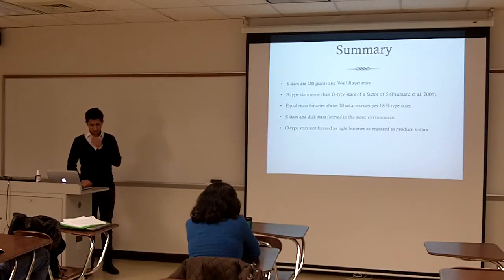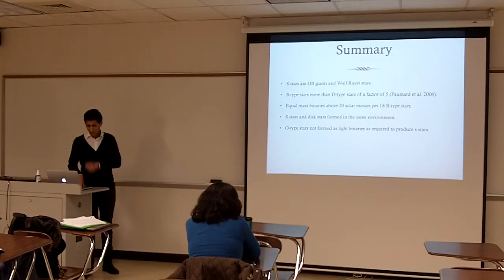Okay, in summary, for what I've said, the majority of S stars are O and B giants and Wolf-Rayet stars, and the majority of S stars are B type rather than O type, by a factor of 5.